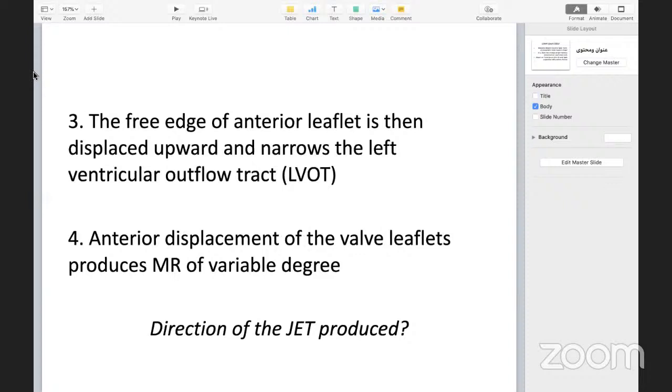The free edge of the anterior leaflet is then displaced upward and narrows the LVOT, and the anterior displacement of the valve leaflets produces MR of variable degree. The direction of the jet produced by this MR is posterolateral, not central. If it is central, it means that there is a disease in the mitral valve itself, unlike the SAM here.